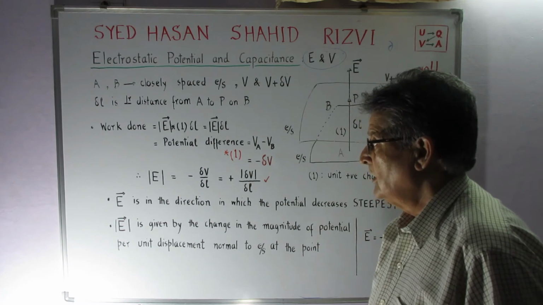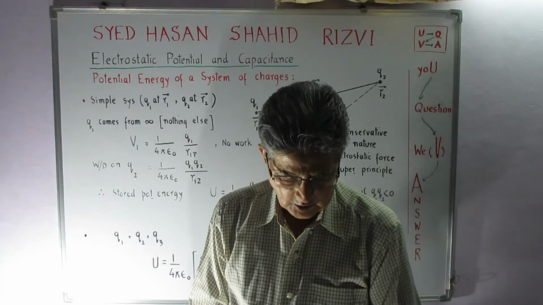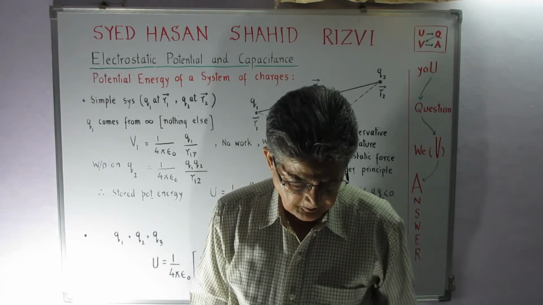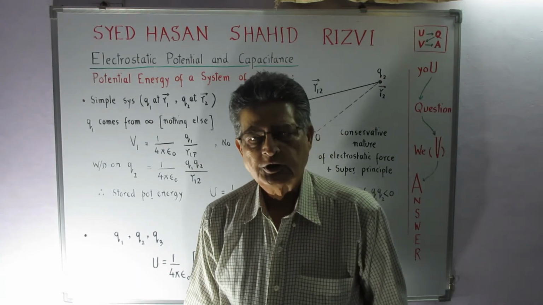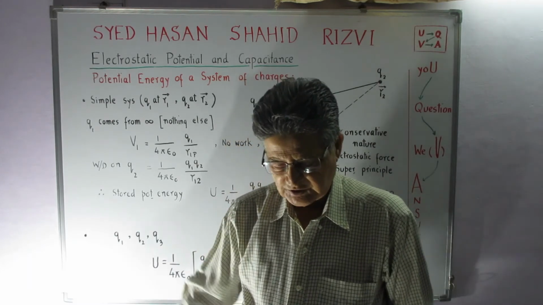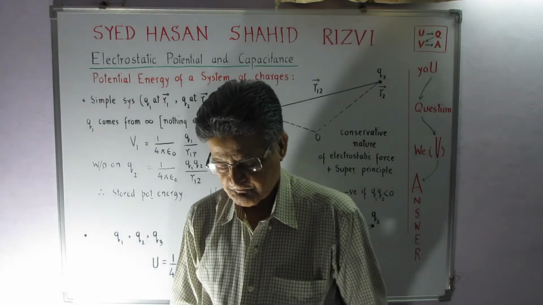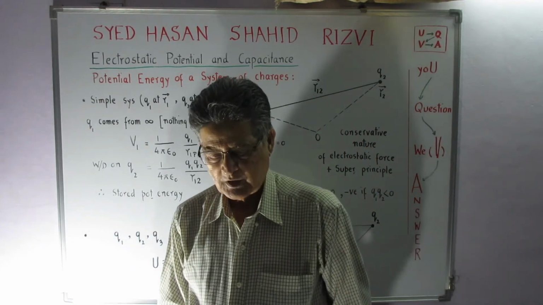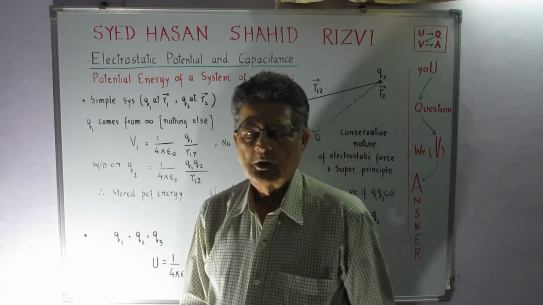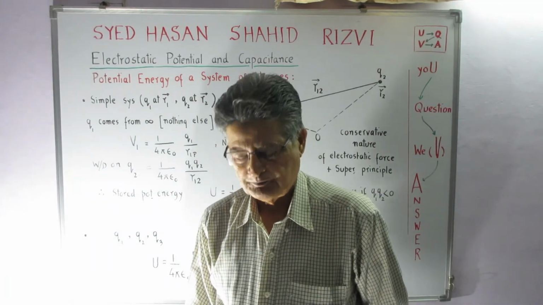Next we go for the potential energy. Now we are going to deal with the potential energy for a system of charges. I have started with a simple system where I've got two charges, but I will rather start with a system where I have a single charge.